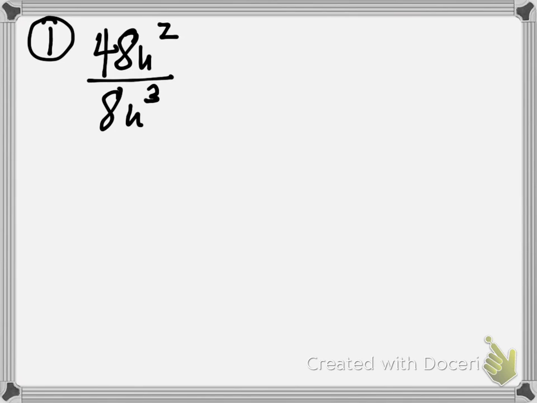For this one, you are looking at taking the 48 over 8 times u squared over u to the third.